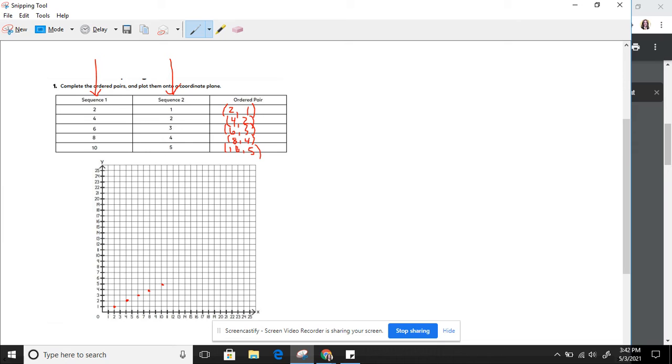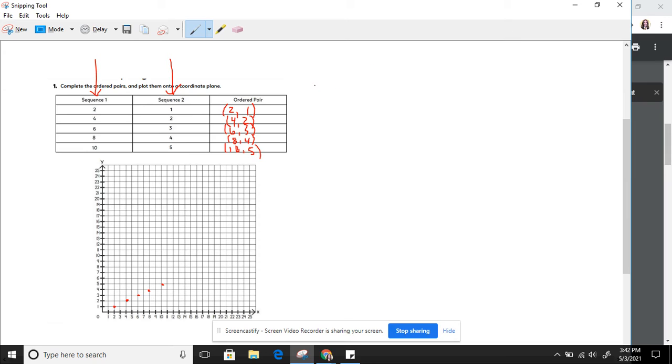Well, if we look at the numbers in sequence 1, okay, we've got 2, 4, 6, 8, 10. And then if we look at the numbers in sequence 2, which is 1, 2, 3, 4, 5, you'll see that each term in sequence 1 is twice the amount of the corresponding term in sequence 2.